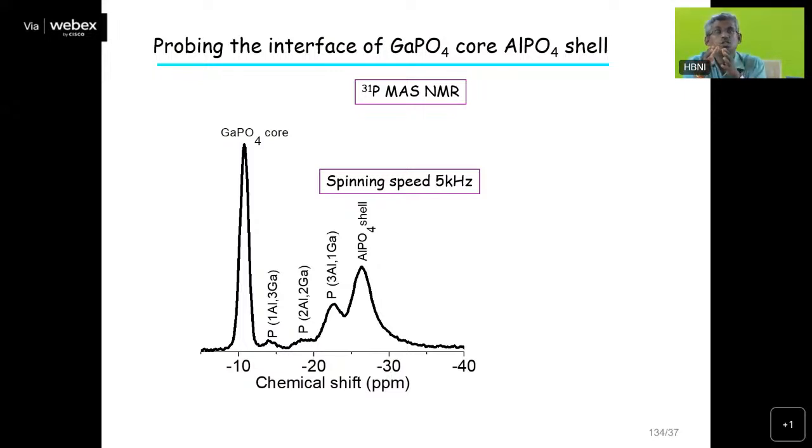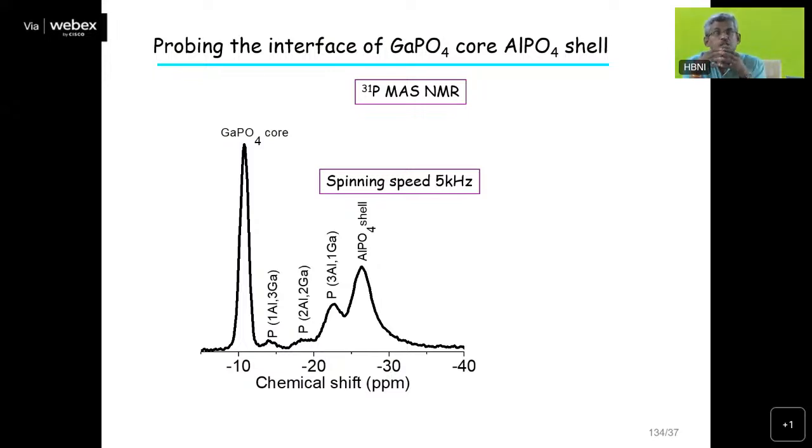One is homogeneous nucleation, in which aluminium phosphate alone will precipitate. In the other case, heterogeneous nucleation, aluminium phosphate migrates through the ligand and precipitates on the surface of the gallium phosphate. Two possibilities are there, but in general, heterogeneous nucleation possibilities are higher. This we can confirm by other techniques also.